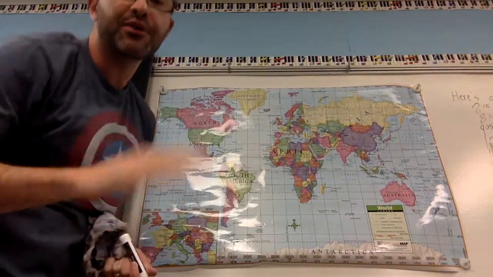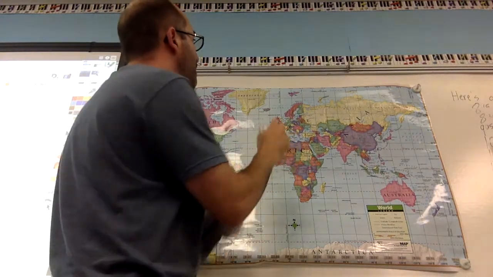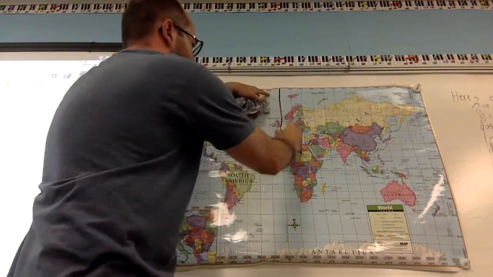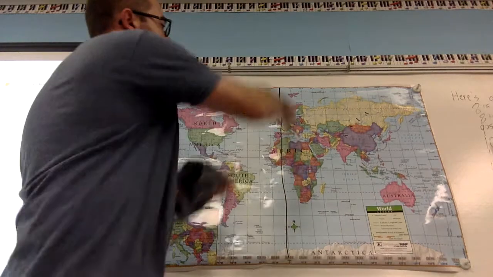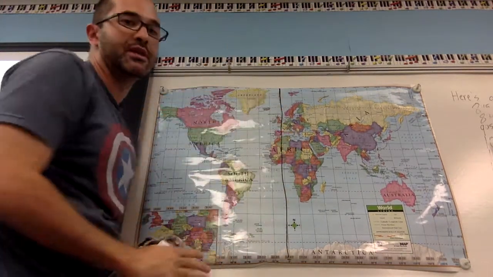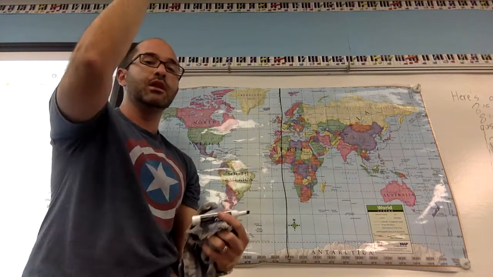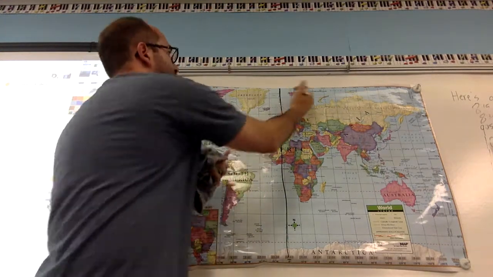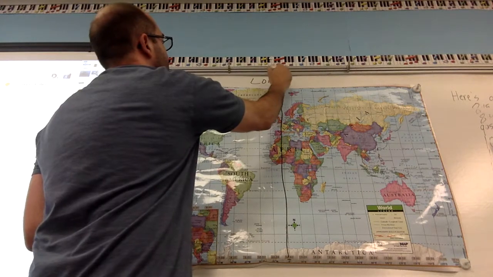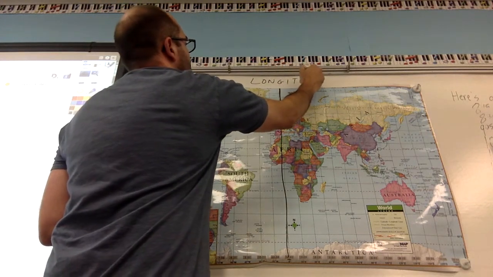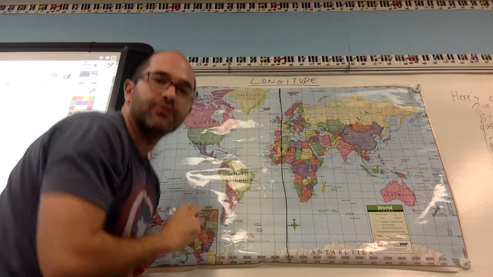Cool. Another dividing line is called the prime meridian. The prime meridian is at 0 degrees longitude. Longitude lines, longitude is spelled like this. Yes, you can read it.